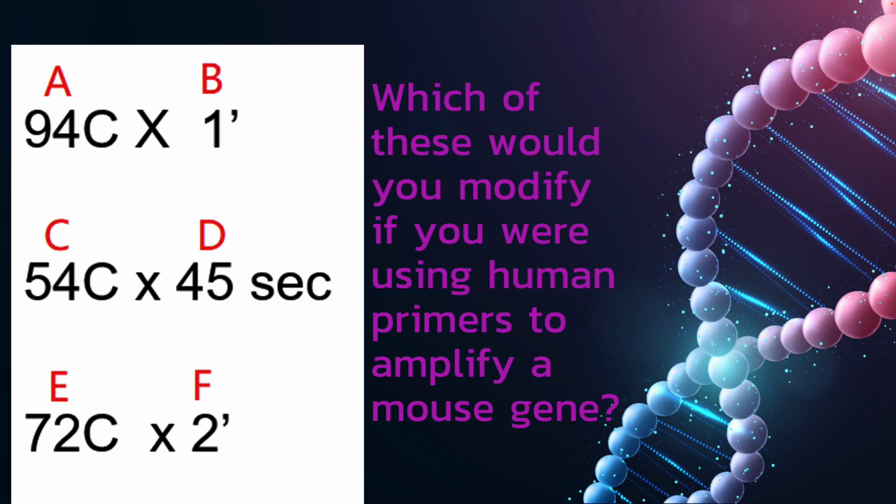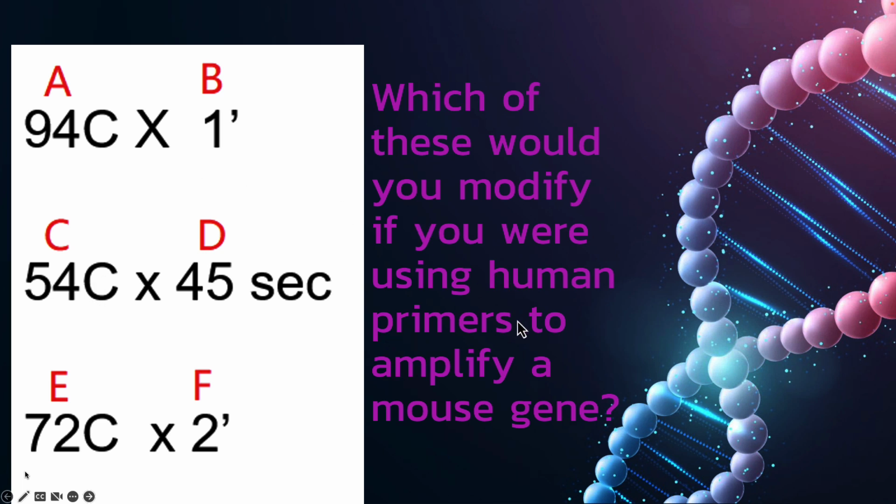What we would do in this situation, if you are using human primers to amplify a mouse gene or any other mismatched set of primers, to alter the stringency, you change the temperature at which the primers anneal. If you increase the temperature, you increase the stringency.